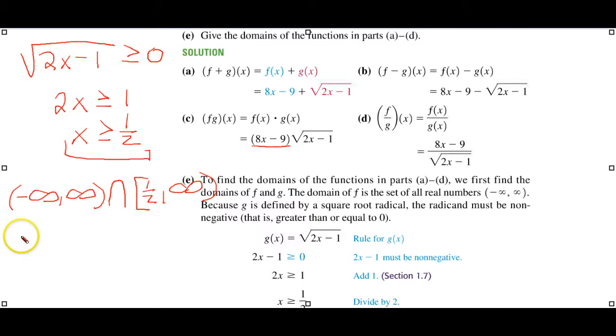So if we made a number line, and we darkened everything in here, that would be all real numbers, which is the f function. This is the domain of the g function.